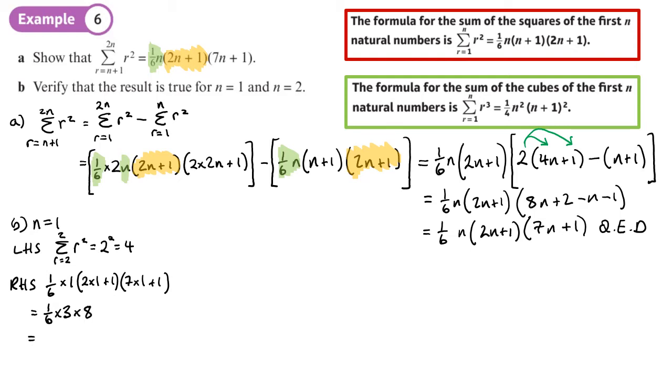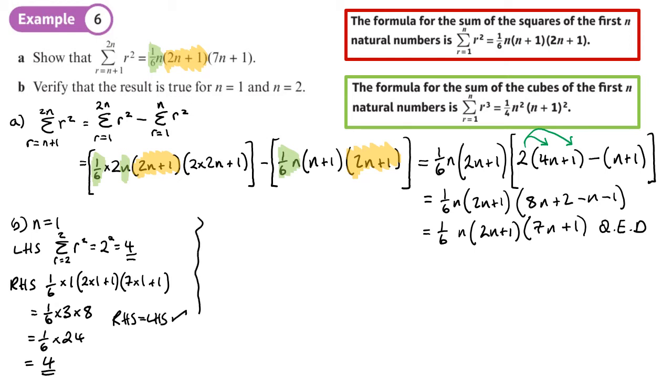So that's 1/6 of 24, which is 6. Oh, sorry, 4. Okay, so yeah, when n equals 1, the left hand side and the right hand side are equal.